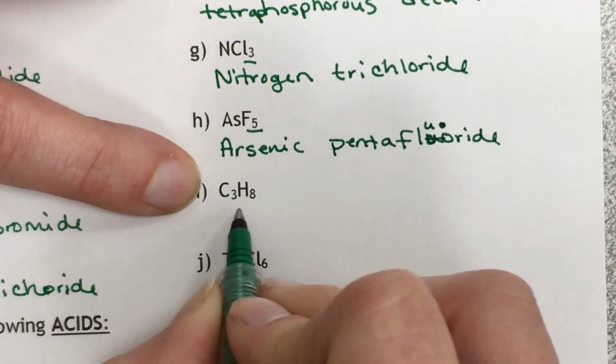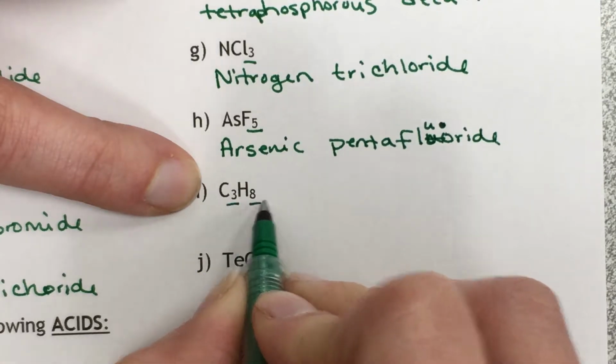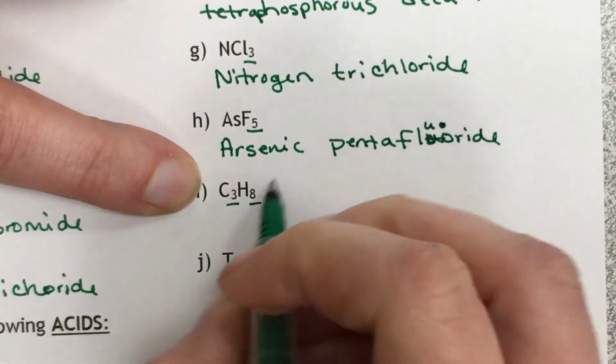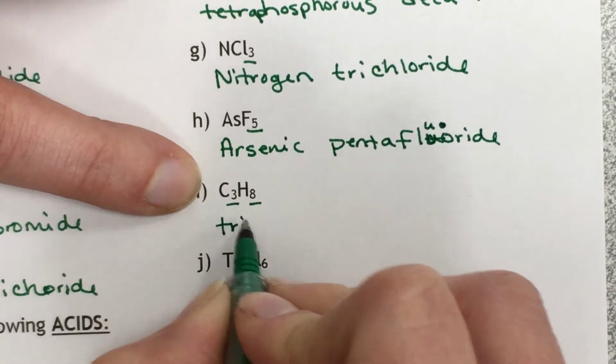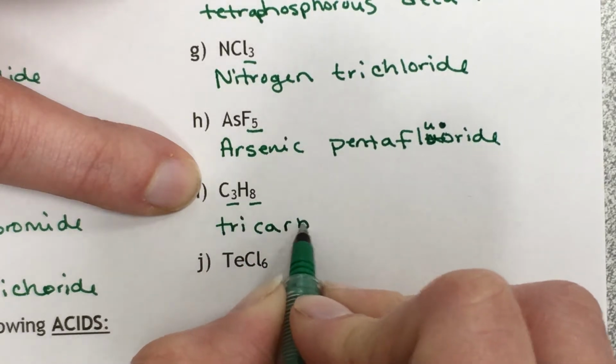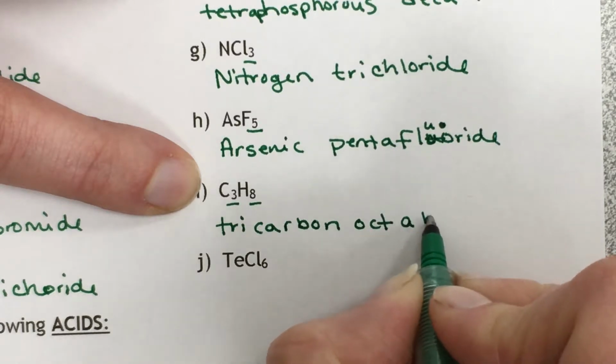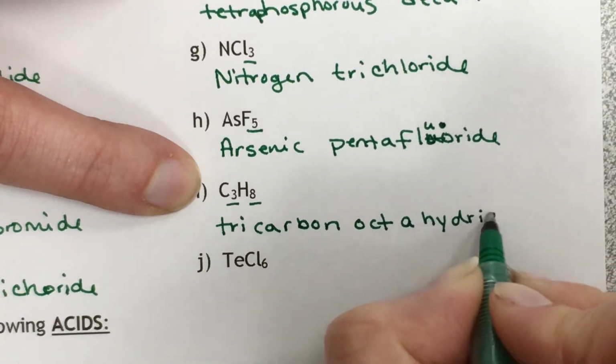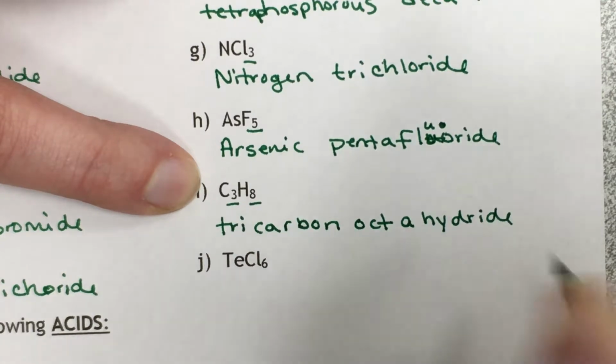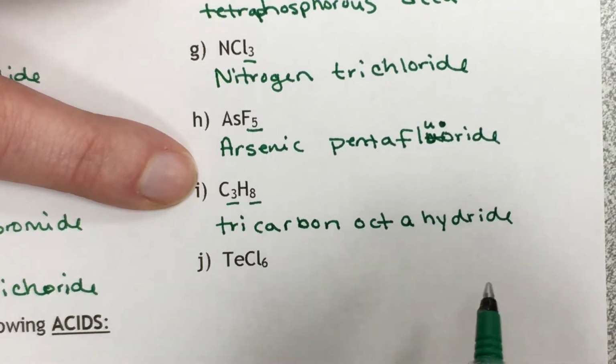And then we have here, there's tri and 8 is octa. So we have tricarbon octahydride. Okay, so instead of octahydrogen, it's octahydride.